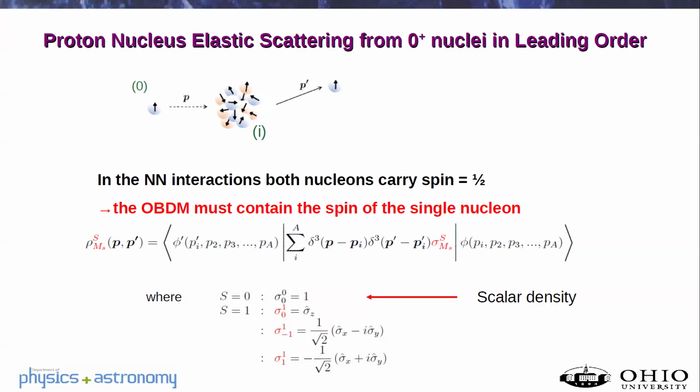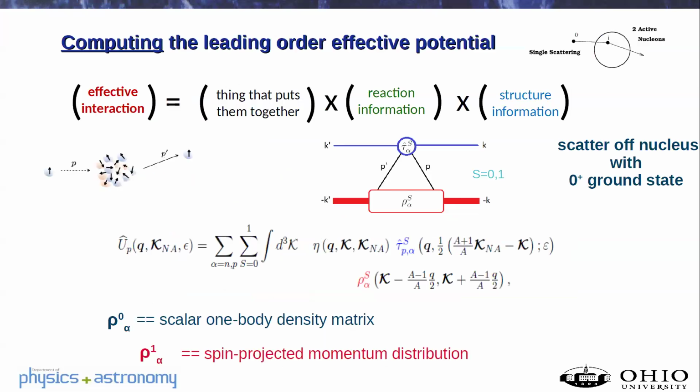Spin equals 0, that tensor is 1, and you get the scalar density out. If S is equal to 1, you have a spin dependence. But densities are scalar functions, so you will have to project this density along all the three momentum vectors. So let's do this one here.